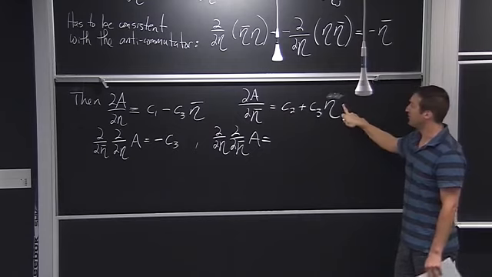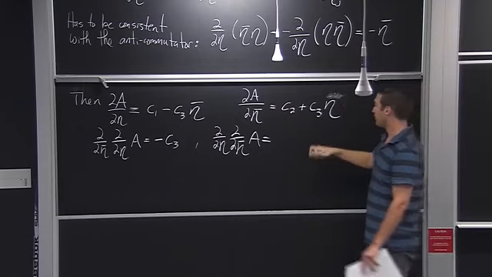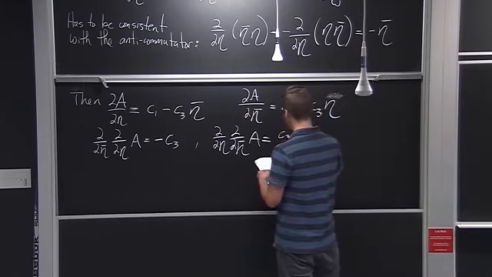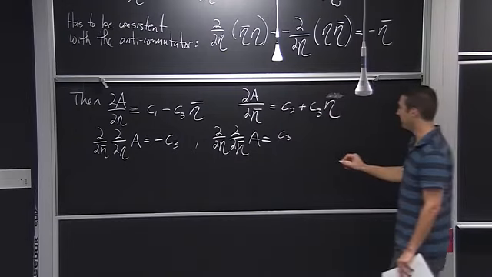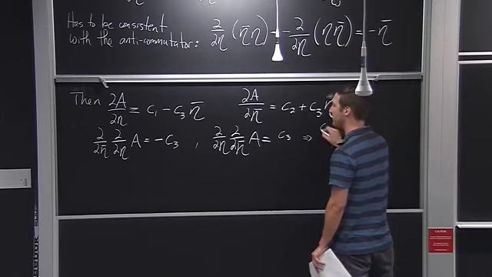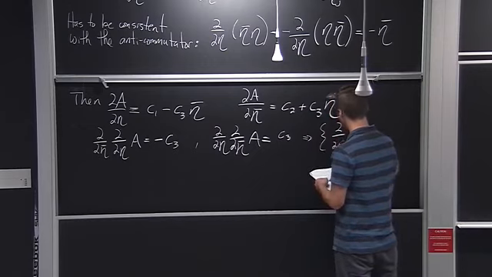Because I've gotten rid of that variable. So if I take the reverse order on here, all I get is C3. So that minus sign means that the derivative itself anti-commutes.